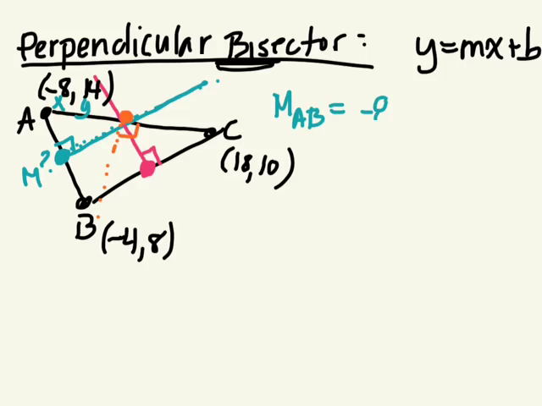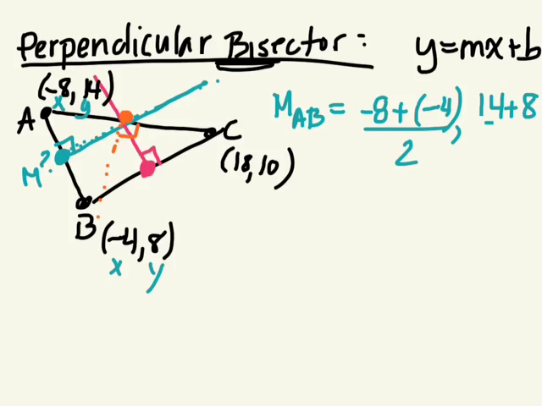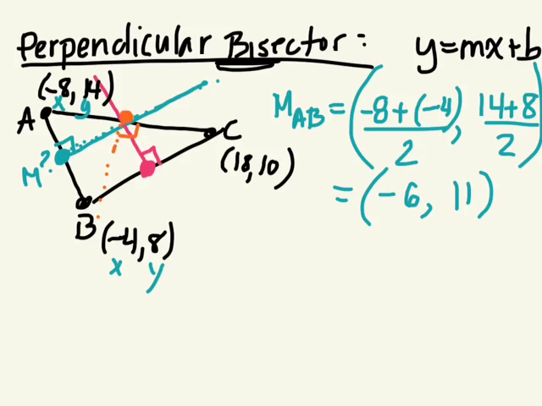So -1 plus x2, y2 plus -4 divided by what? How do you find midpoint? Divide by 2, and then we have our y coordinates, 14 plus 8 divided by 2. What are the coordinates of the midpoint? Good. So the midpoint is located at -6, 11.